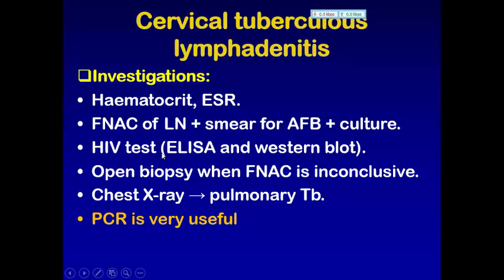HIV test, ELISA and Western blot, because as we said, it may be associated with HIV and in differential diagnosis of HIV. Open biopsy when fine needle aspiration cytology is inconclusive. Chest X-ray to exclude pulmonary TB, and the most recent investigation, PCR, is very useful.